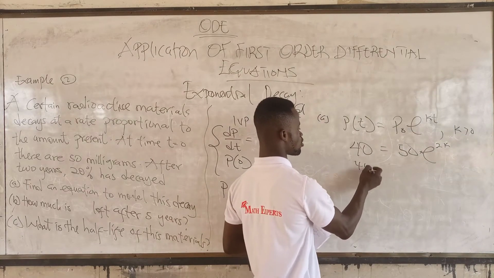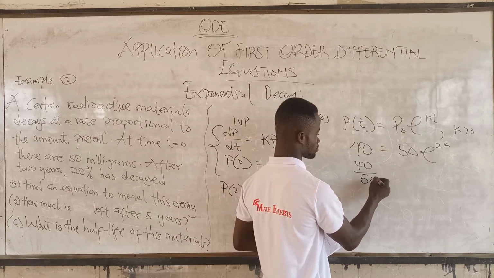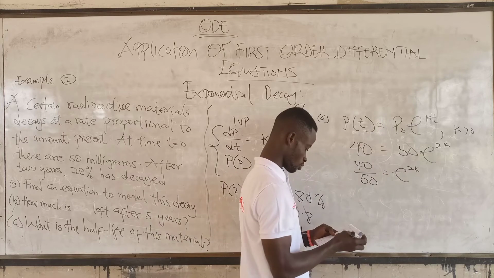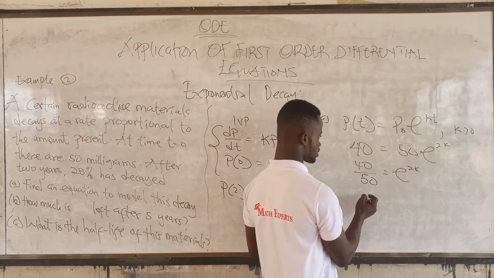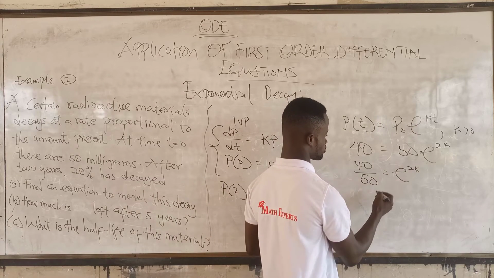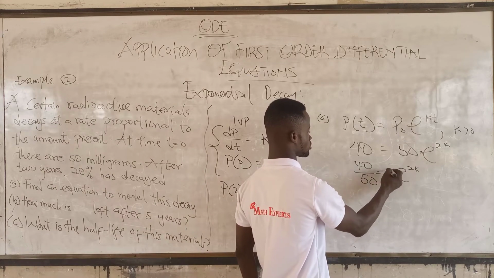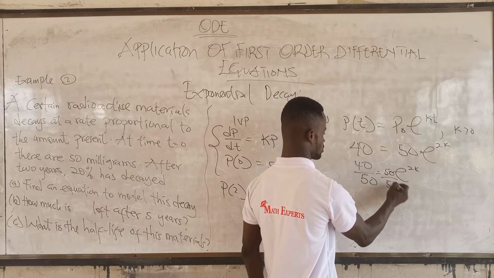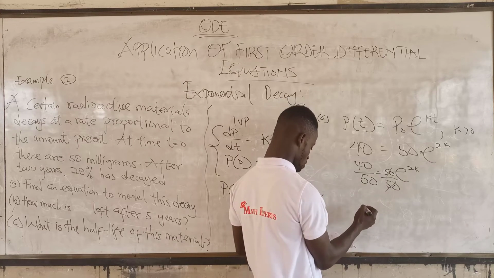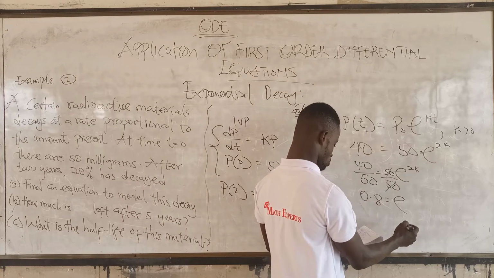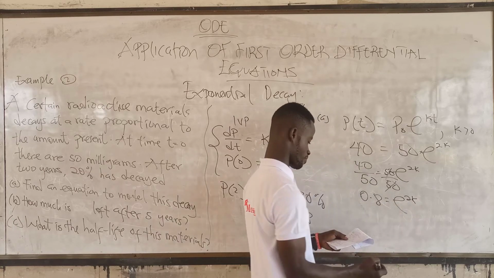Then we can divide both sides by 50. When you divide both sides by 50, 50 will cancel out. This is going to give us 0.8 equal to e raised to the power 2k.